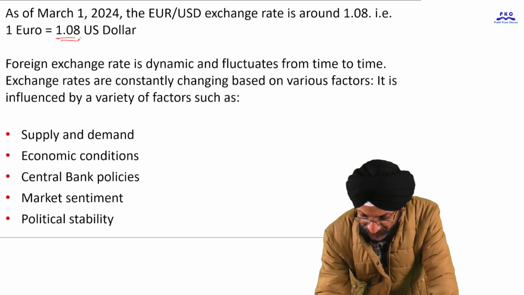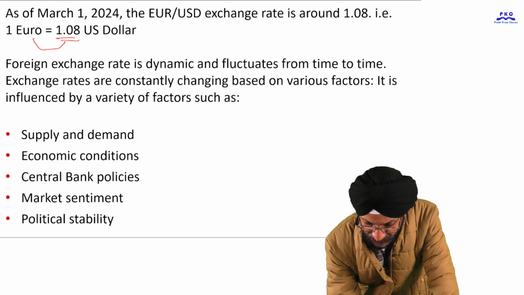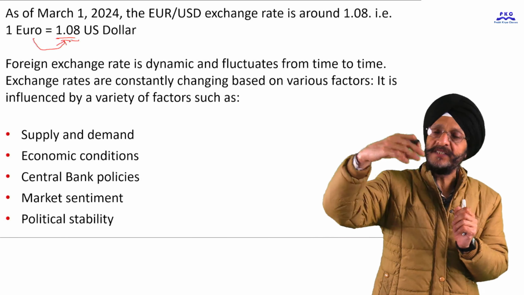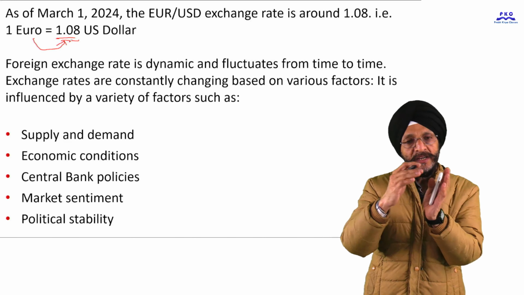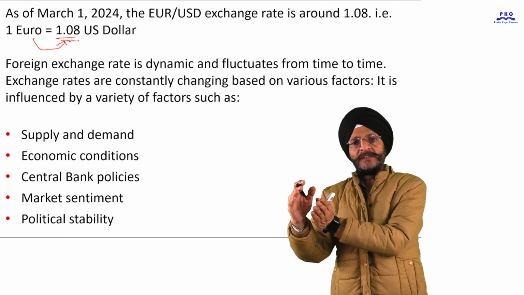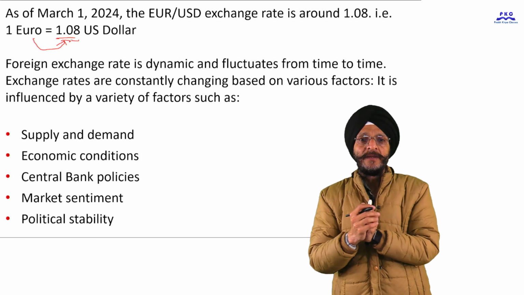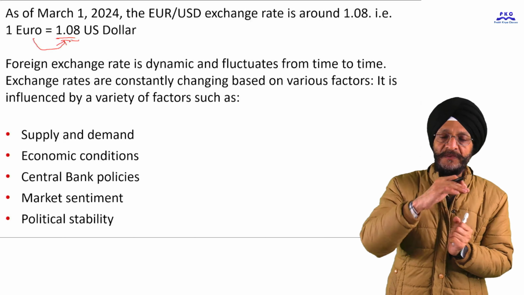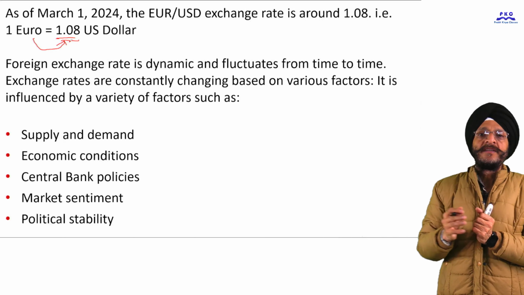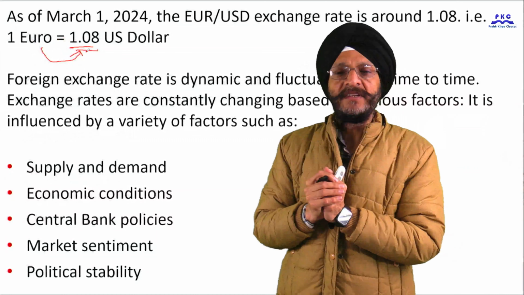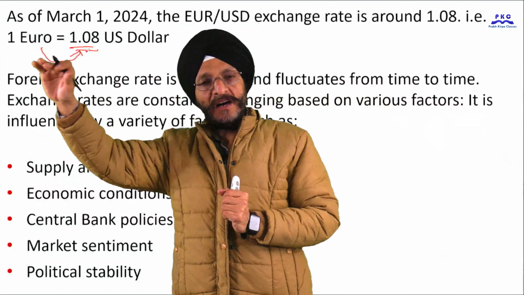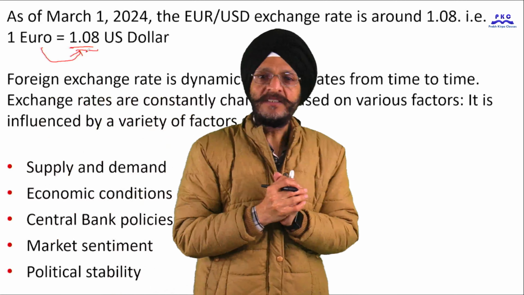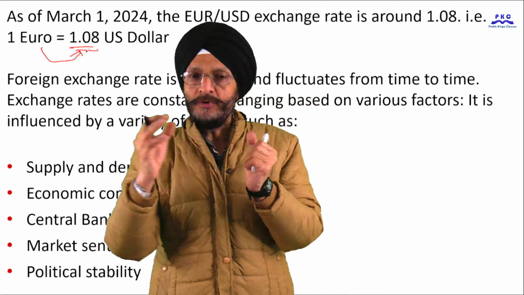It is not that the exchange rates are fixed. That is, if the exchange rate of the euro today is 1.08 US dollars, it will not remain as it is in the future. It is continuously changing every second, because the foreign exchange market is a decentralized marketplace where the participants are spread across the globe in the form of banks, foreign exchange dealers, central banks, and individual traders.